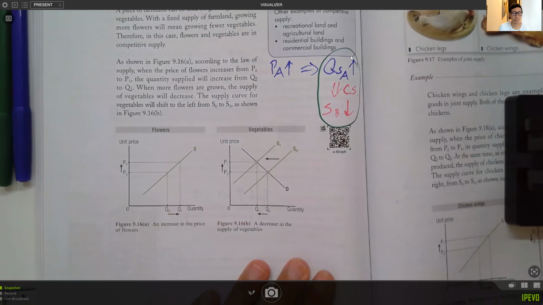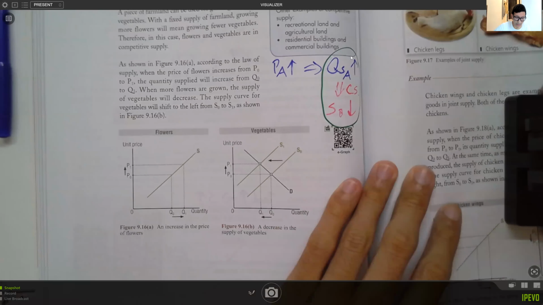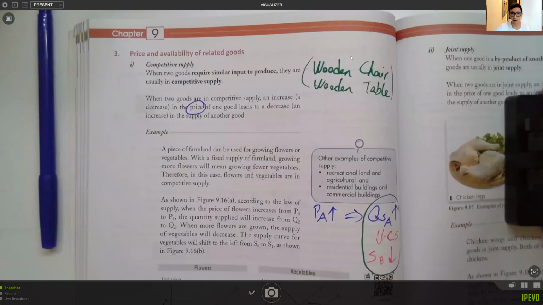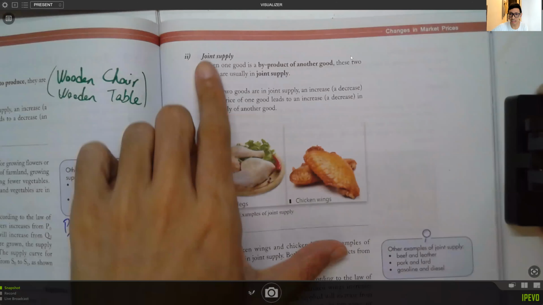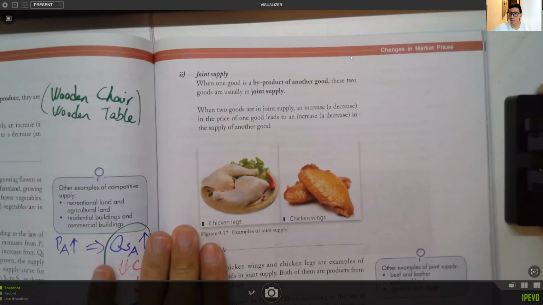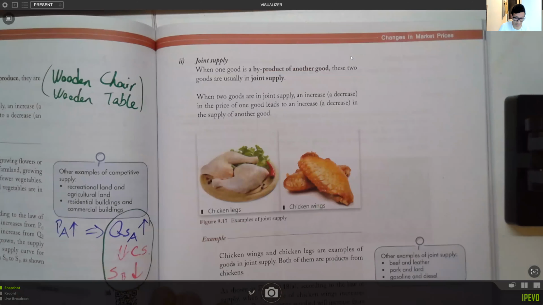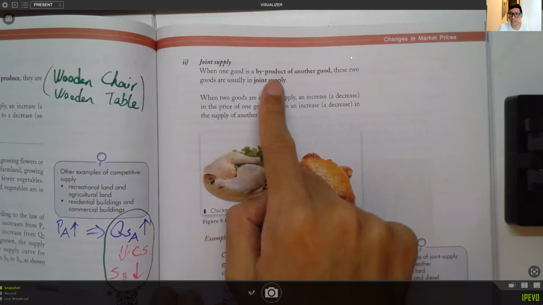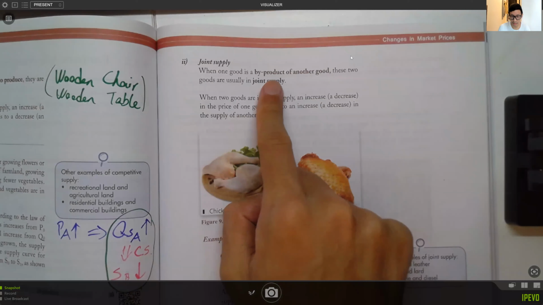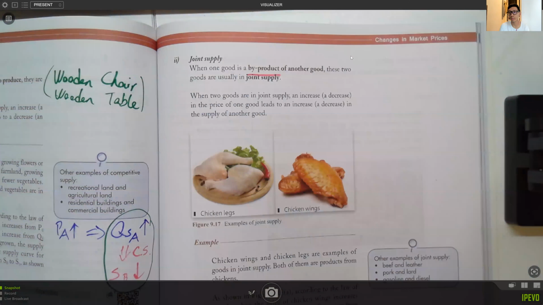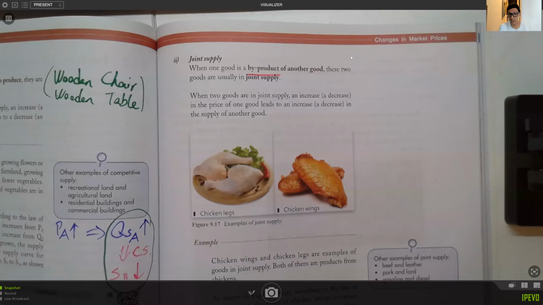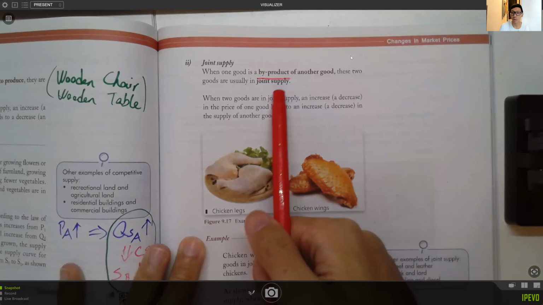下條片先至講，好唔好啊？唔講咁多住啦。Now, the sister of competitive supply would be joint supply. 今次啦係倒轉啊，我哋所謂聯合供應啊。When one good is a byproduct，原來我哋係講緊啲 byproduct 嗰啲叫副產品啊。Then they will belong to joint supply.